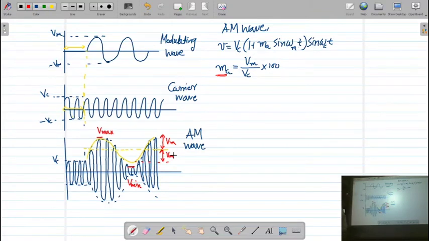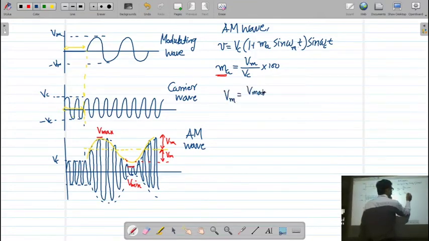Vm is nothing but the difference of the maximum and the minimum voltage, so from this graph Vm is equal to V maximum minus V minimum divided by 2.